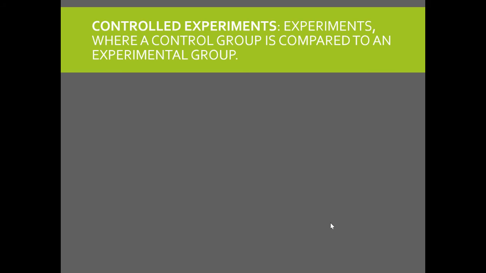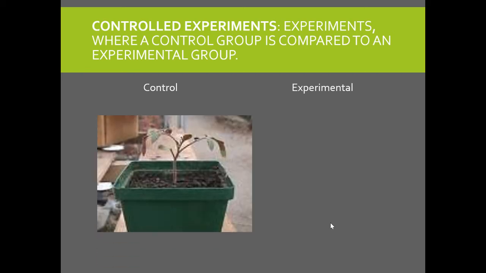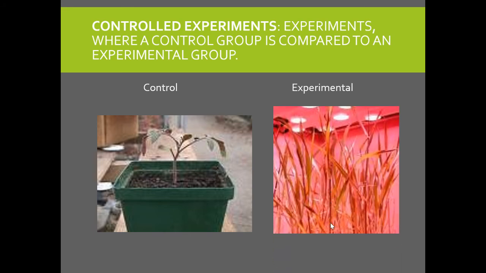All right, guys, controlled experiments are where a control group is compared to an experimental group. So here again, we're not talking about controlled variables per se, we're talking about an entire experiment. Let's look at what a control group would be with plants versus an experimental group. Here, a student grew a tiny plant in the classroom, and they left all the conditions as a normal plant grows. It has plenty of light, water, the temperature is at room temperature constantly, and the plant seems to be doing well.